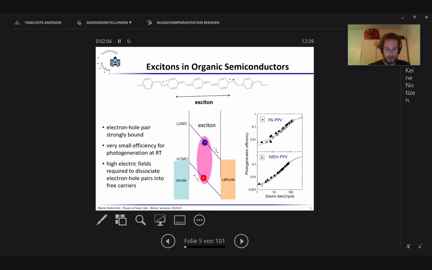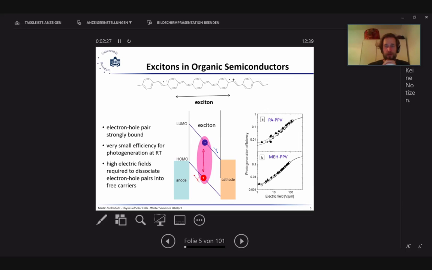So what is the problem for an organic solar cell in particular? We have this very strongly bound exciton, and it recombines very quickly, within 1 nanosecond or less.